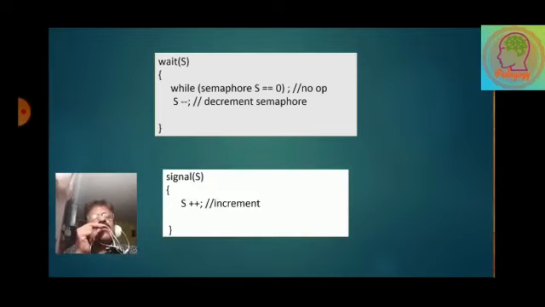In signal, S++: S is the integer variable, the Semaphore variable, and it is incremented. And in the wait function, S--.